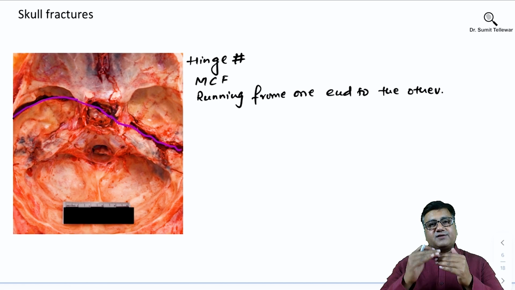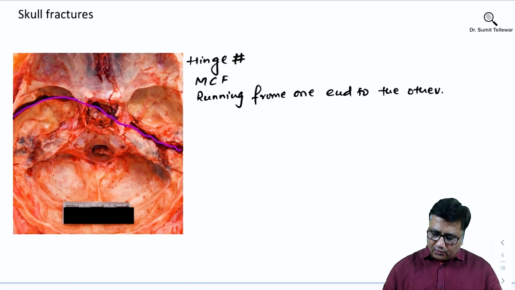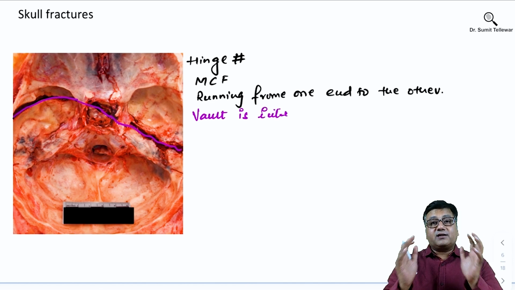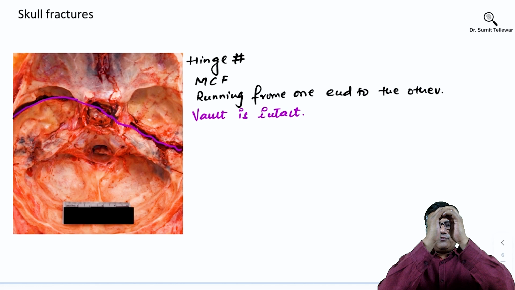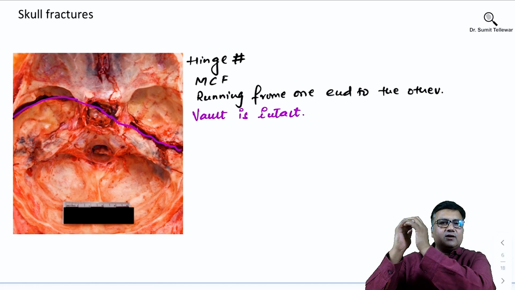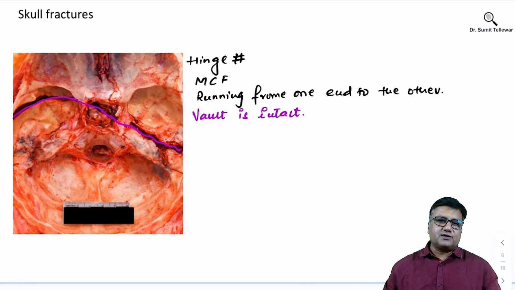So base of the skull is divided into two halves, an anterior half and a posterior half. The vault is intact. So the skull is intact from the vault but is divided from the base. It is kind of hinging with an intact vault. That's called as a hinge fracture.